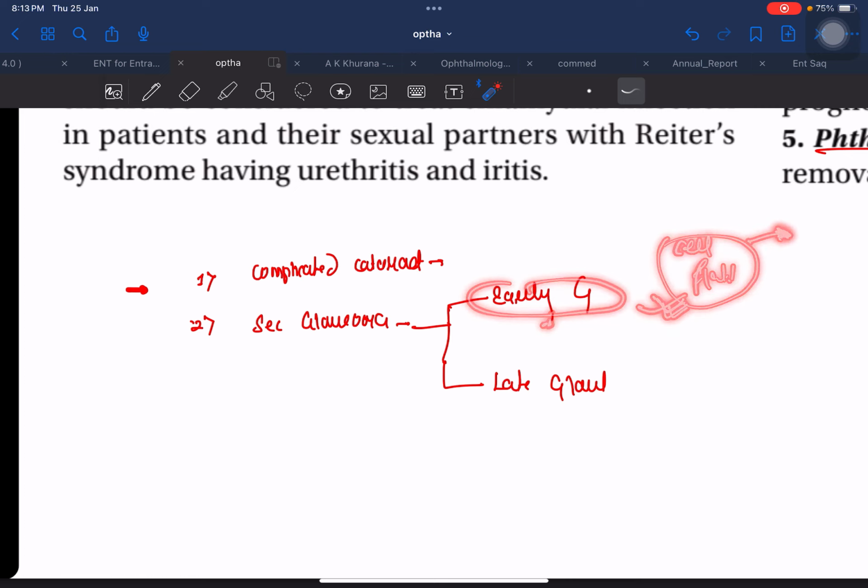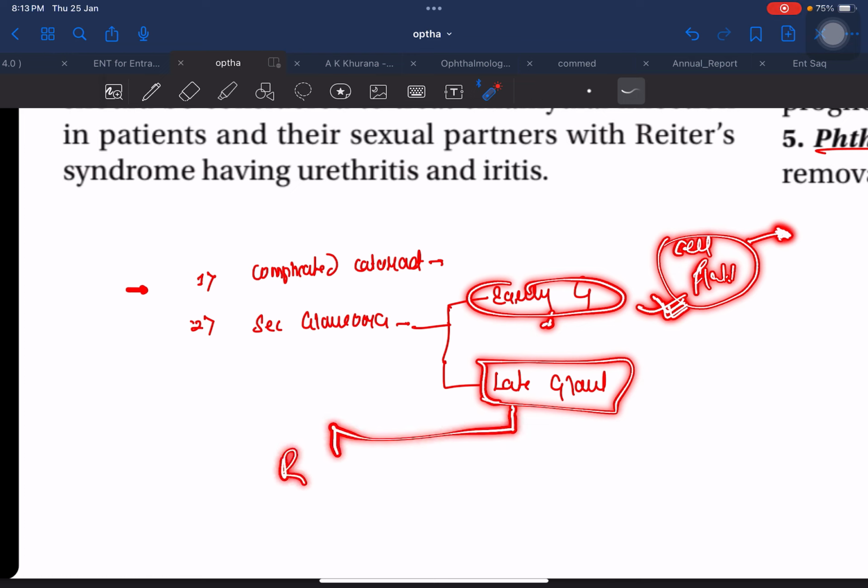And that will cause our glaucoma. In late glaucoma, there is ring synechia, which causes seclusio pupillae, and also organized exudates. One is ring synechia and another is organized exudate.